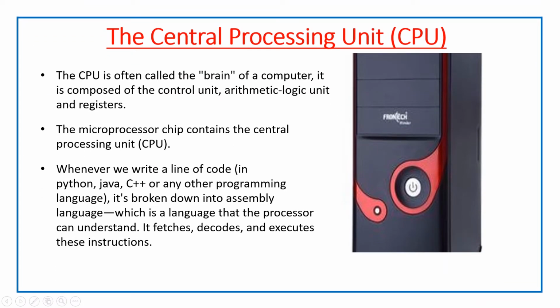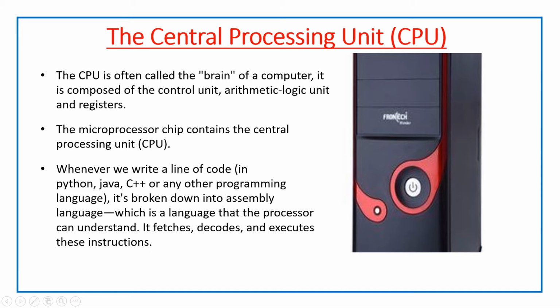Now in this slide we can see the central processing unit, or CPU. In the figure we can see the CPU. The CPU is often called the brain of the computer. It is composed of the control unit, arithmetic logic unit and registers.